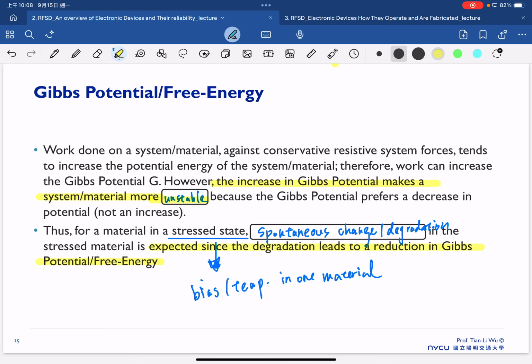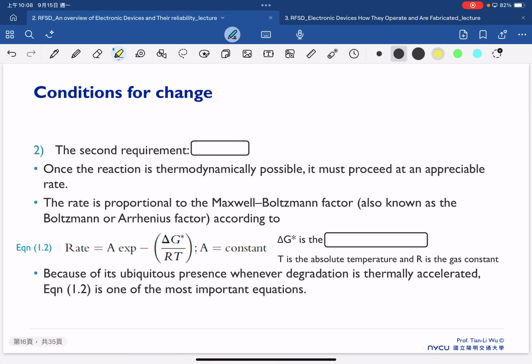And the second requirement is related to the kinetics. Once the reaction is thermodynamically possible, it must proceed at a certain rate.